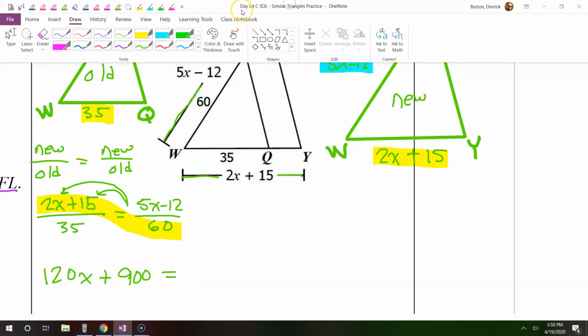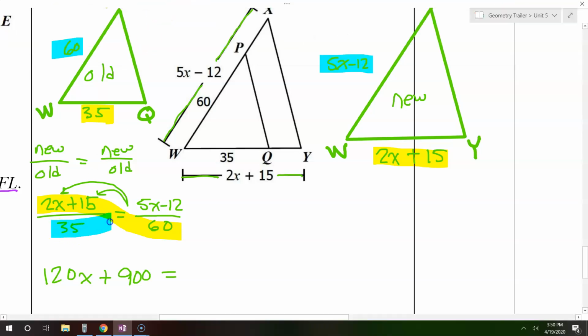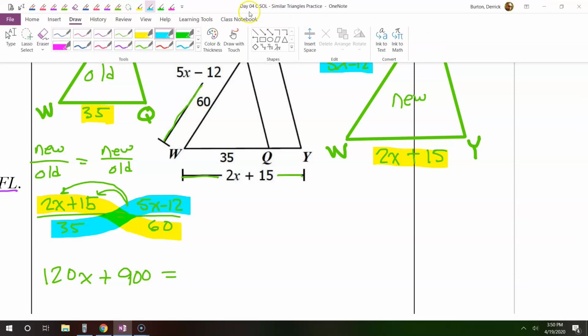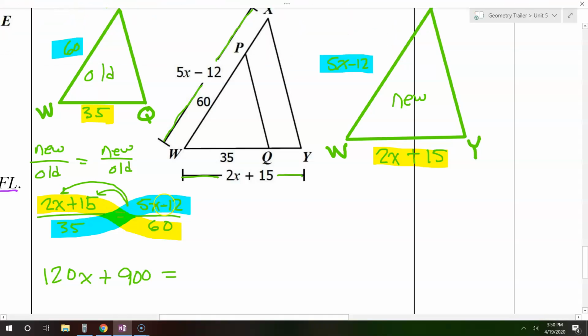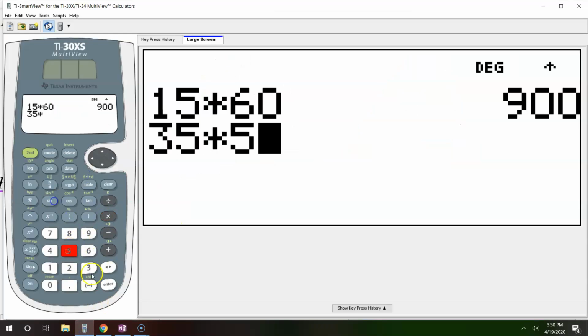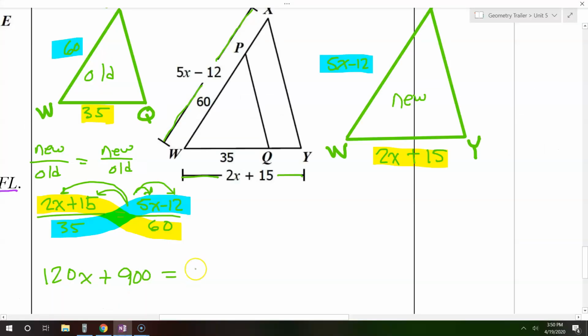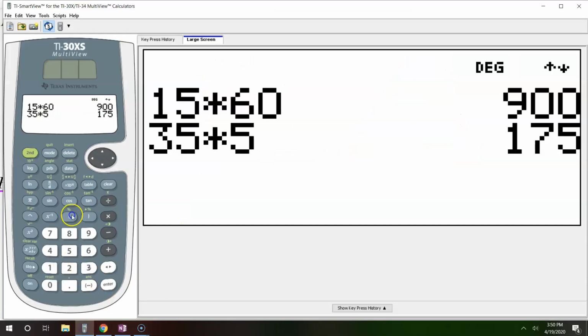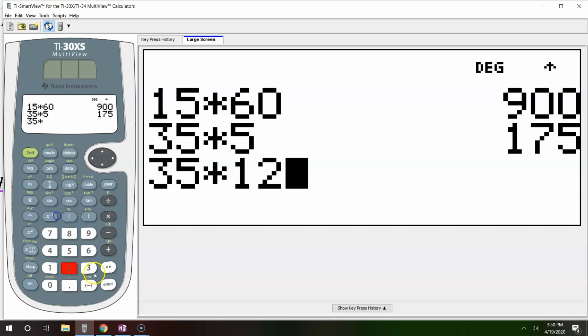All right, look at the other diagonal. So we have to do 35 times this. So we're going to do the distributive property again. All right, so we've got 175x minus 420.